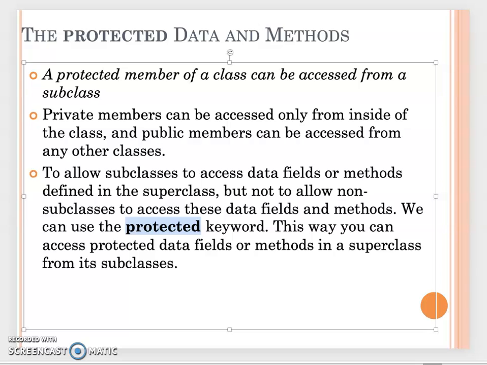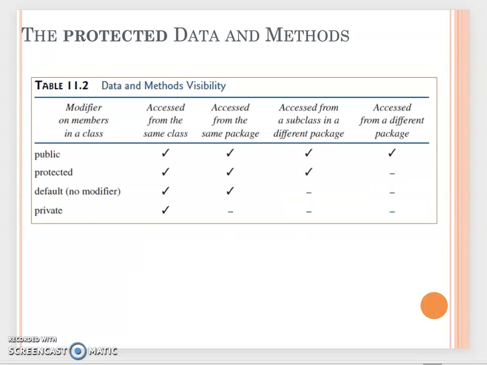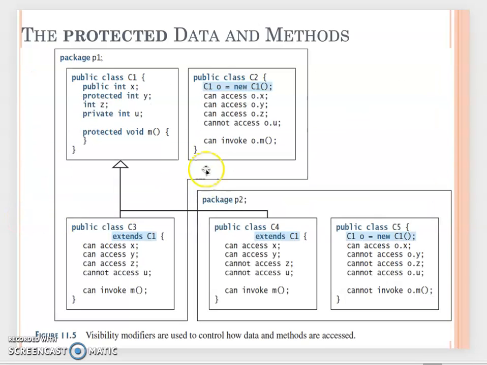I want you to read these few slides, because we already had the example before it was protected. See for this chart, does it make sense for everything? You see here we have package P1, with C1, C2, and C3. Then C3 in P1 extends from C1, so they have an inheritance relationship.